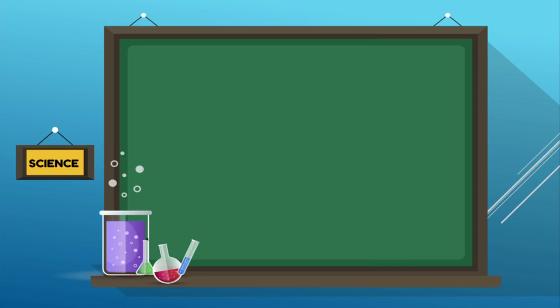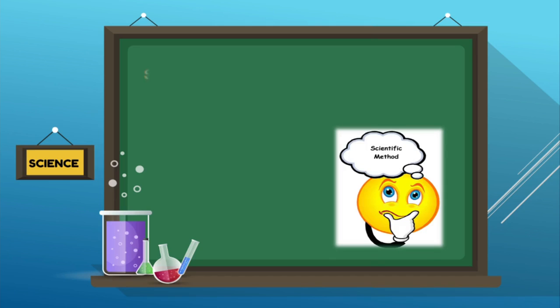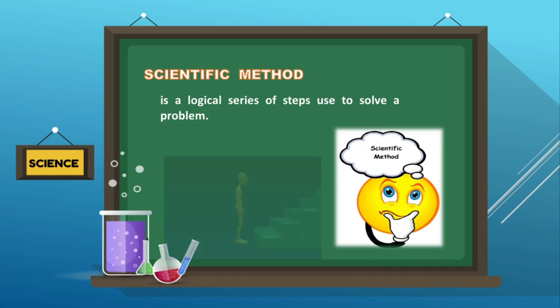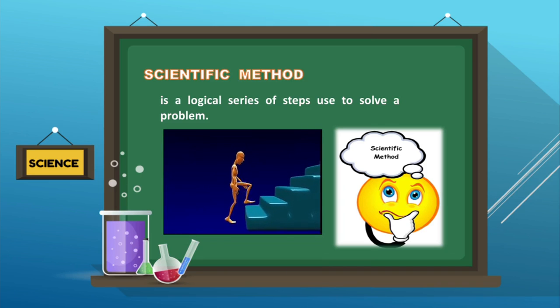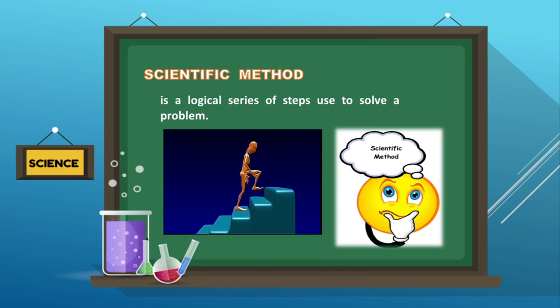What is the scientific method? The scientific method is a logical series of steps used to solve a problem. It is like a ladder, a step-by-step process. Remember that when using the scientific method, you have to follow its steps or procedures in order to get an accurate answer.